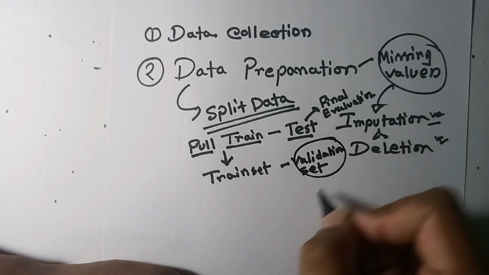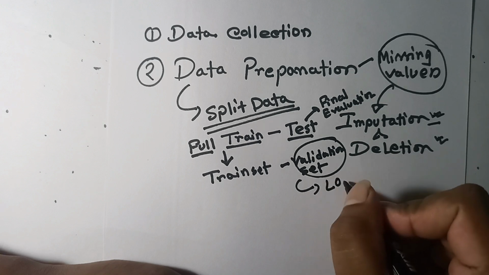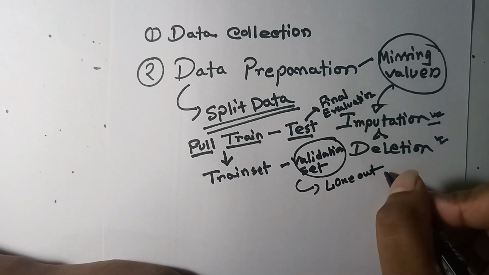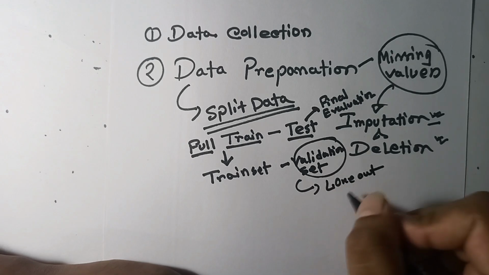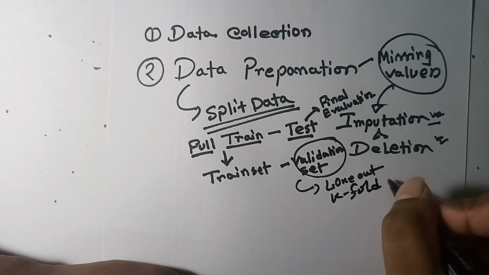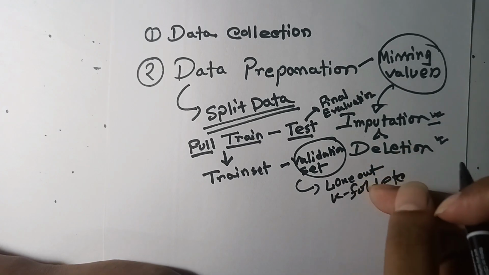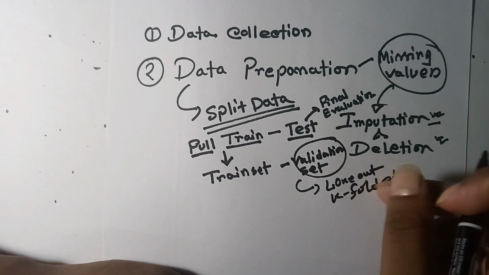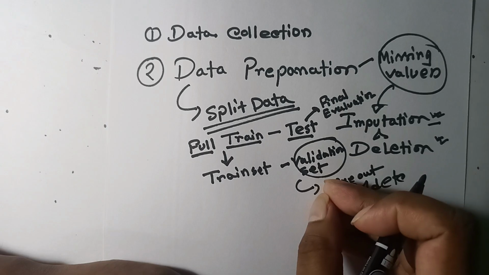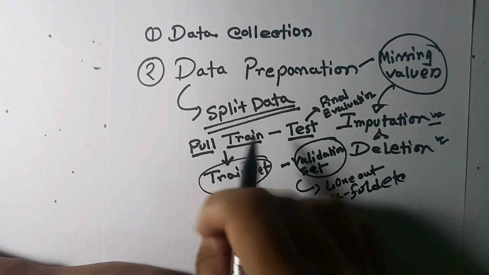Now in this validation, you can perform leave one out, or you can choose k-fold, etc. These validation methods, cross validation, also have their own advantages and disadvantages. This train set will be passed to our next step.